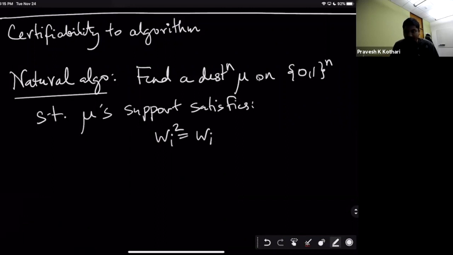My natural algorithm, still an inefficient one, is going to just try to find a distribution on W's in 0, 1 to the n.